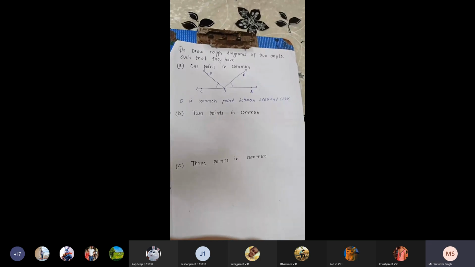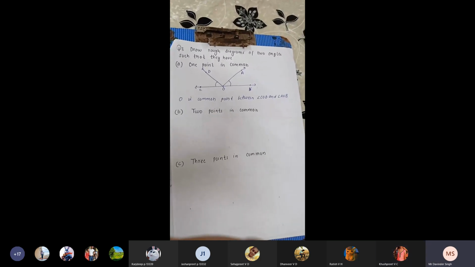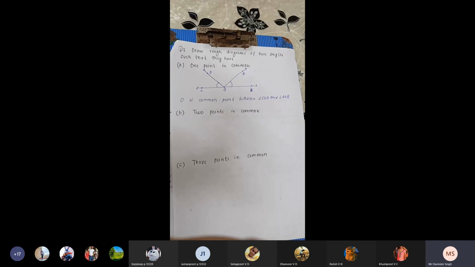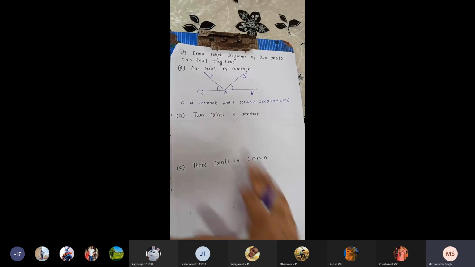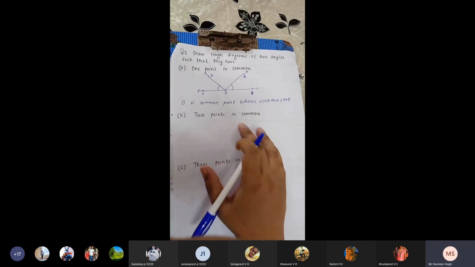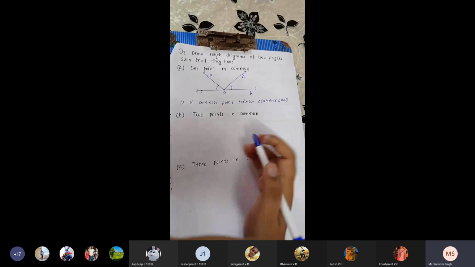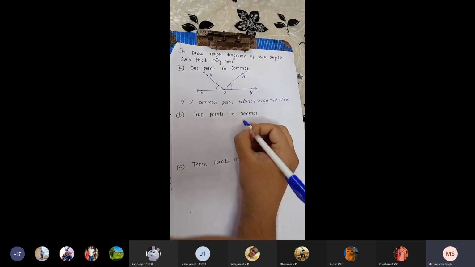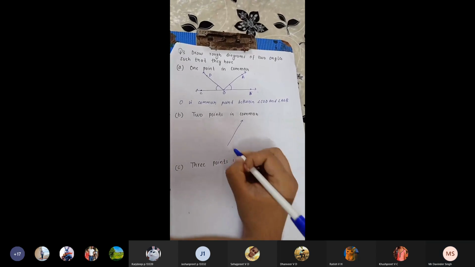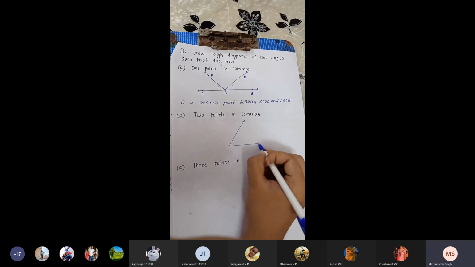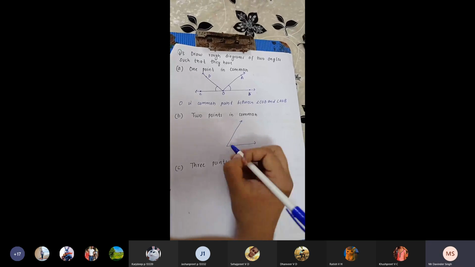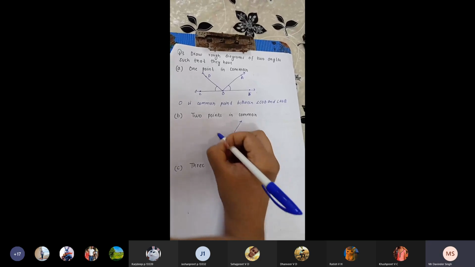Okay, so now next is two points in common. Now we have to draw a figure such that there are 2 points in common. So now again we have to draw the two angles. See how I can draw this. This is the first angle, and second angle can be like this.